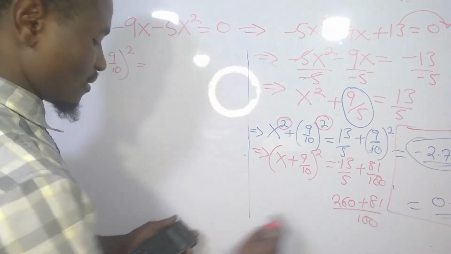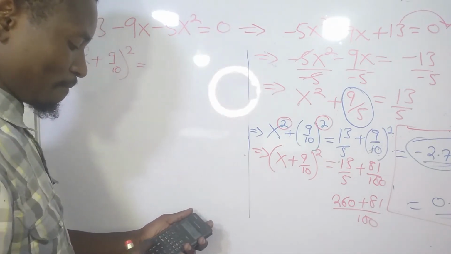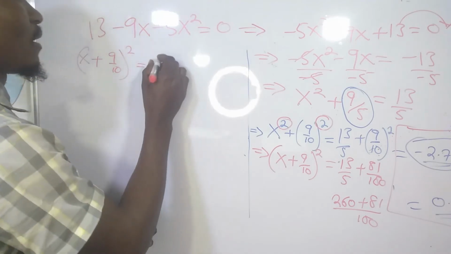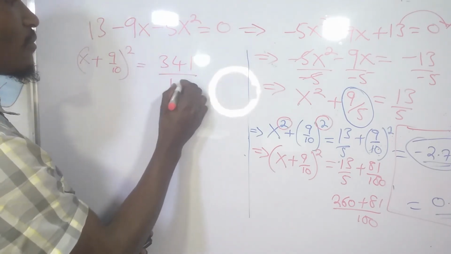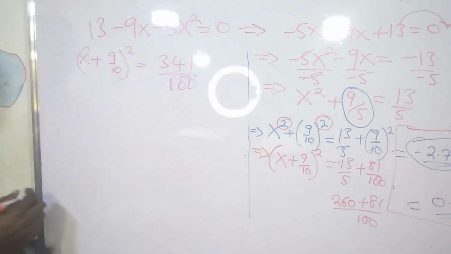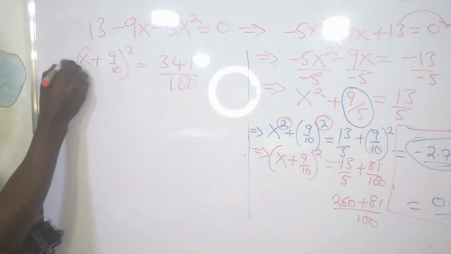So 81 plus 260, we have 341 divided by 100.